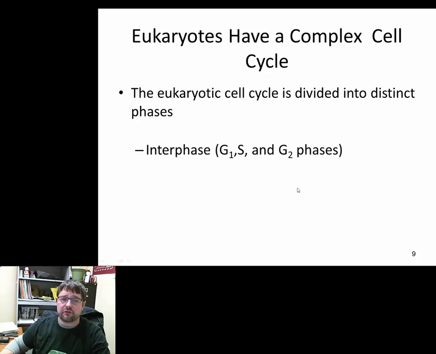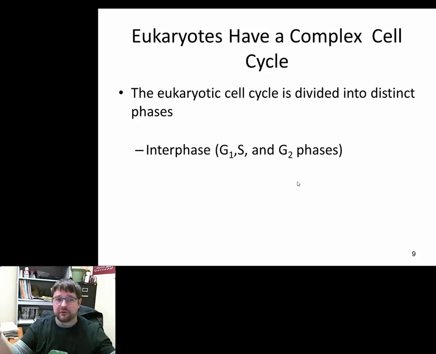Now, interphase has been broken up since into 3 different phases. So some people call them subphases, but these are actual phases, and interphase probably just needs to go away. The term needs to go away, because we know a lot more about the G1 phase, the S phase, and the G2 phase than we've ever known. And they're legitimate phases, and we can tell when a cell is in each one of these phases.